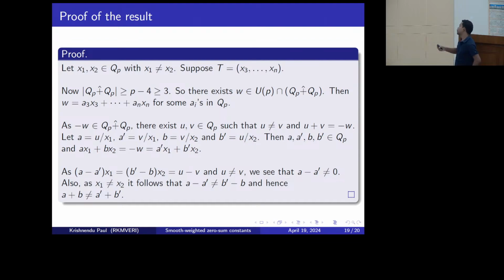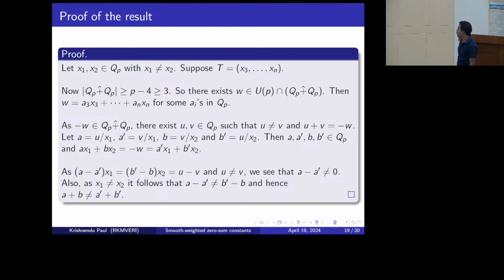Now we can get that a minus a prime times x1 equals b prime minus b times x2 equals u minus v, and as u not equal to v and x1 belongs to QP, it implies that a minus a prime is not equal to 0.